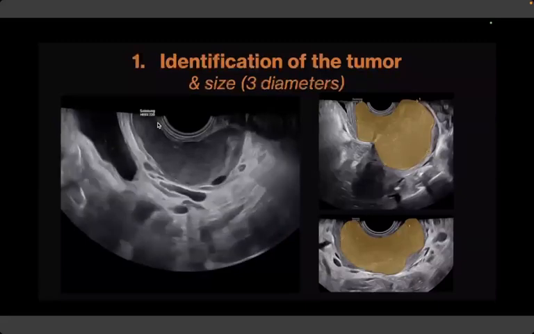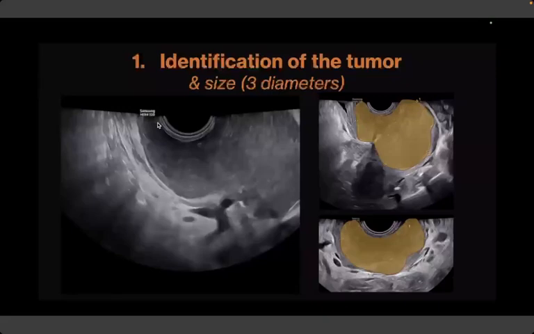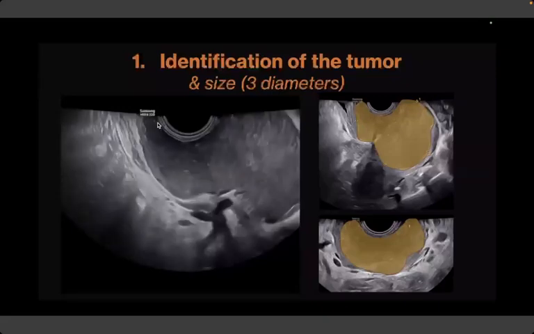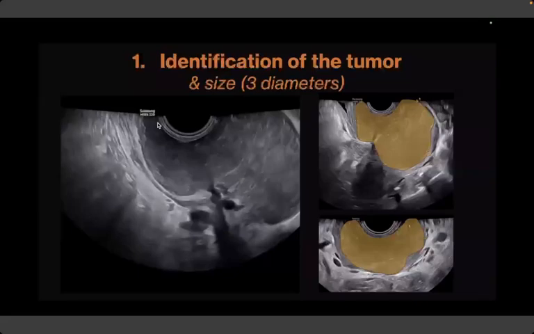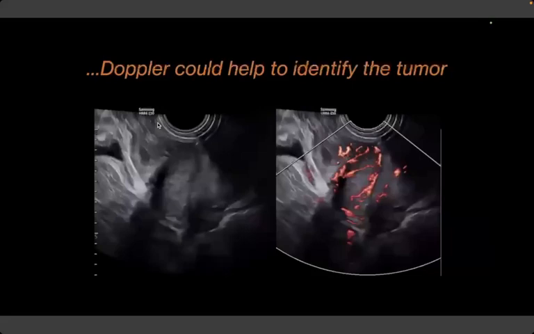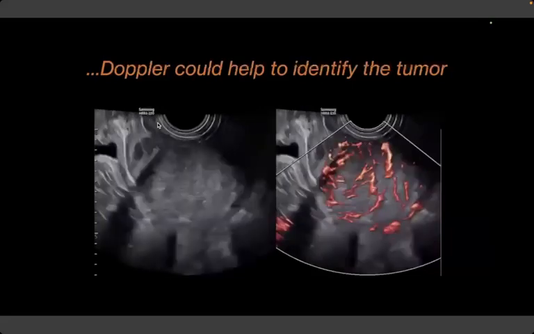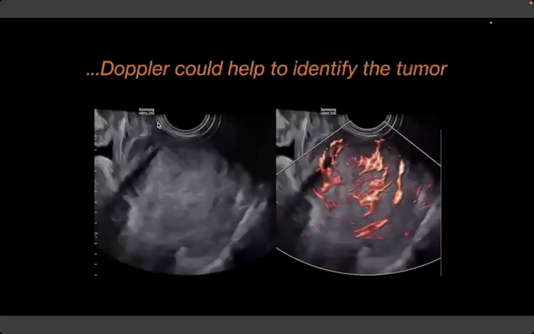A squamous cellular cervical tumor usually appears as a solid hypoechogenic lesion. Ultrasound evaluation with Doppler can help us to identify the tumor, as the tumor is always richly vascularized with color score 3 to 4, as we can see with power Doppler.